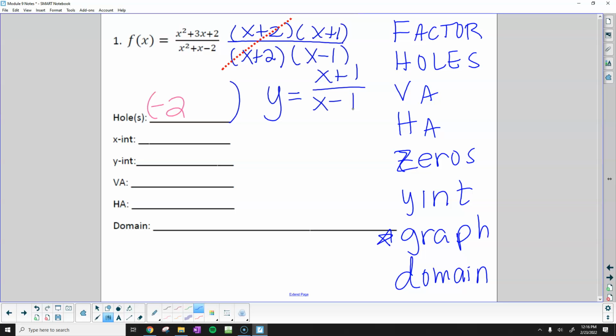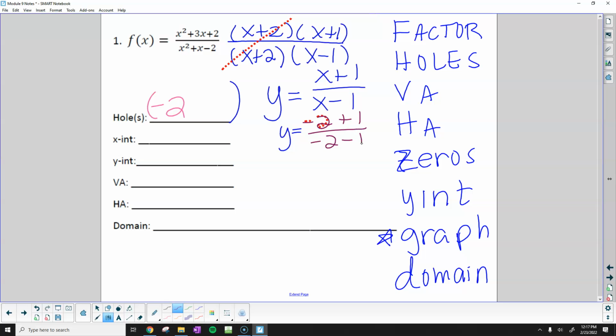So now to find that y coordinate, y'all, I just plug in negative 2 into my line of work here. So I'm going to plug in negative 2 where the x is. So my y coordinate is going to equal negative 2 plus 1 over negative 2 minus 1.